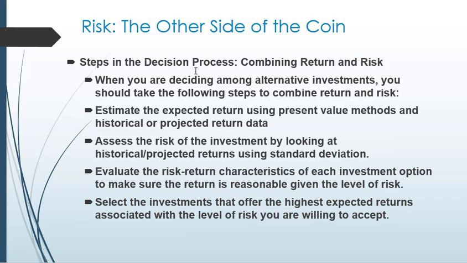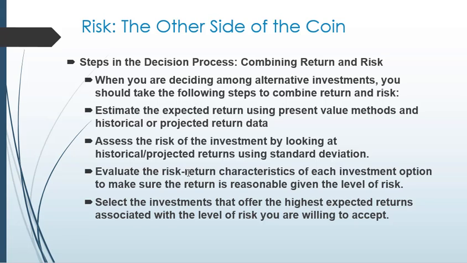So in conclusion, in the steps in this decision-making process, when you're deciding among alternatives, you need to take the following steps to combine return and risk. You need to estimate expected returns. You then need to assess the risk of that investment by looking at its historical and/or projected returns using standard deviation.